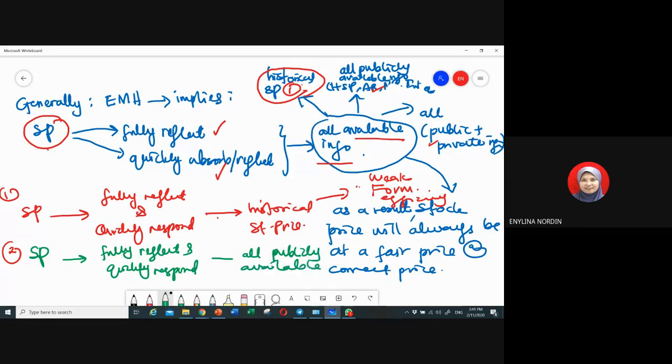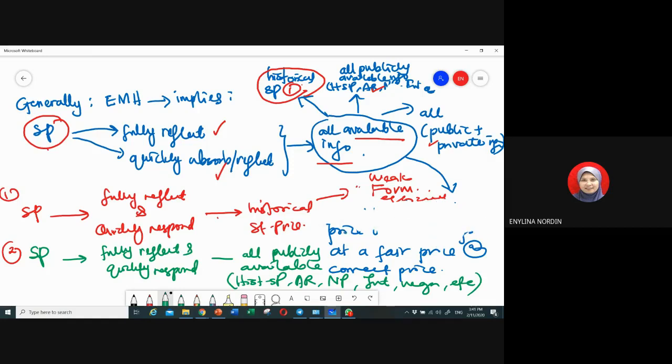That means all public information, such as historical stock price, information from the annual report, information from newspaper, internet, magazine, and etc. So we say that the market is efficient, but this time it is efficient in what form? It is efficient in the semi-strong form.